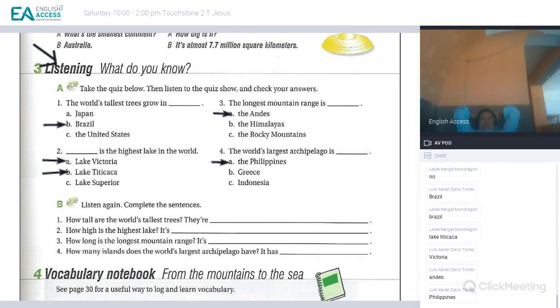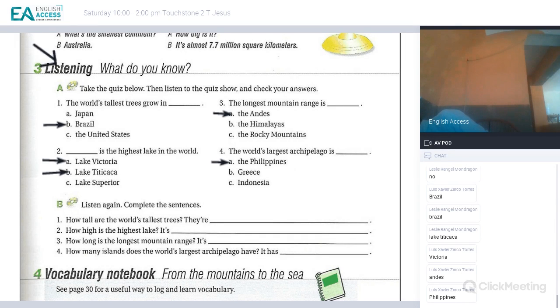Good job, Maria. Now, here's the next question. What's the highest lake in the world? Let me think. Oh, I think it's Lake Titicaca, isn't it? That's right! Lake Titicaca in Peru is the highest lake. It's 3,812 meters high. You're doing great, Maria.